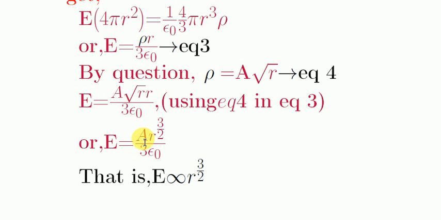Now by the question A is constant and 3 epsilon 0 is also a constant. So A by 3 epsilon 0 is a constant term. So I can easily write E proportional to r to the power 3 by 2. So this is the required variation of electric field with distance from the center of the solid sphere, inside the sphere.